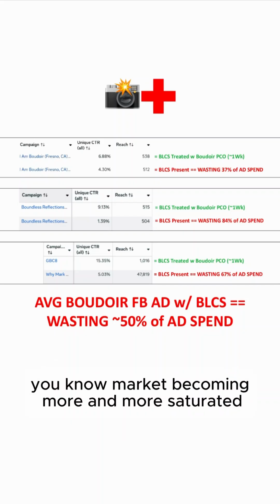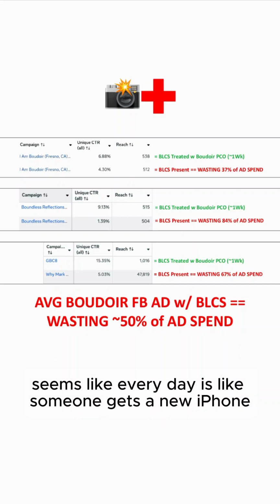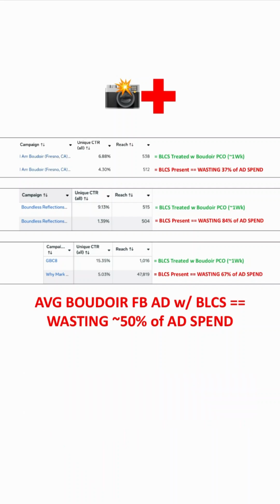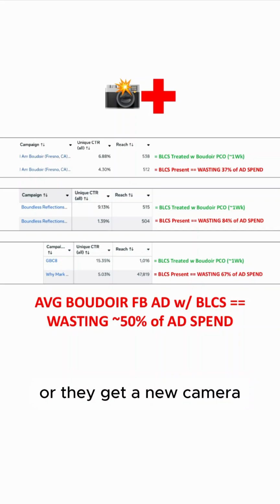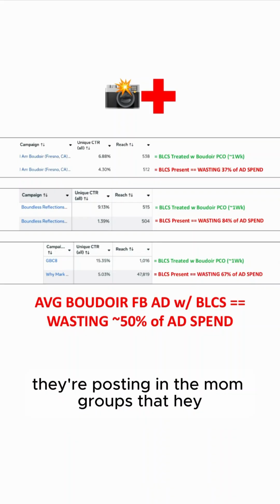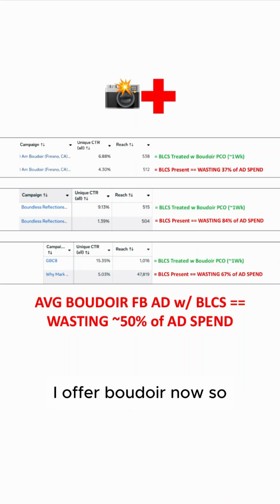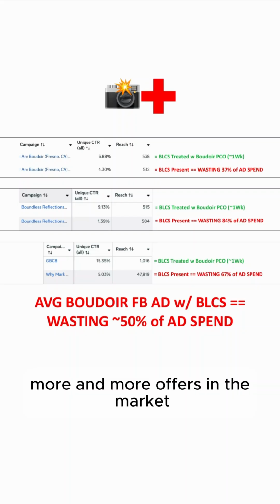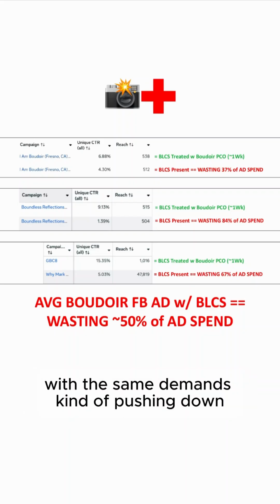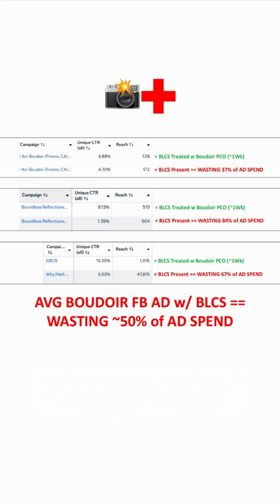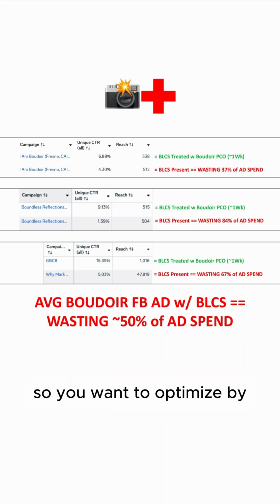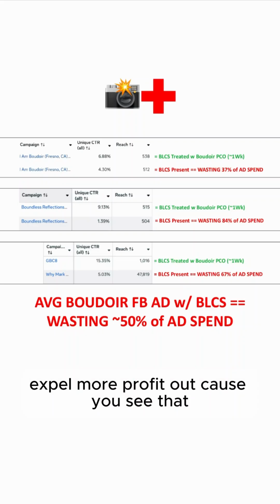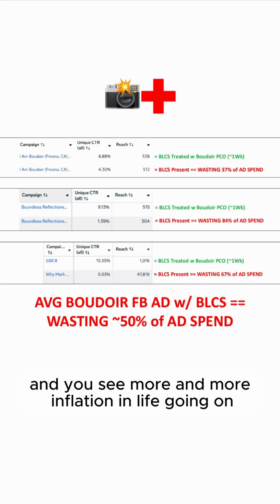The market is becoming more and more saturated, seems like every day. Seems like someone gets a new iPhone, they throw up their Google My Business profile saying they offer boudoir now, or they get a new camera, they're posting in the mom groups that, hey, I offer boudoir now. So more and more offers in the market with the same demand, pushing down the amount of buyers for everyone, or dividing up the buyers for everyone. So you want to optimize and pull more profit out, because you see that, and you see more and more inflation in life going on.